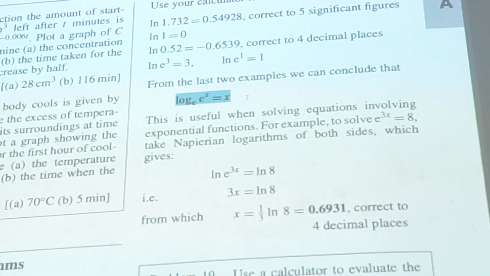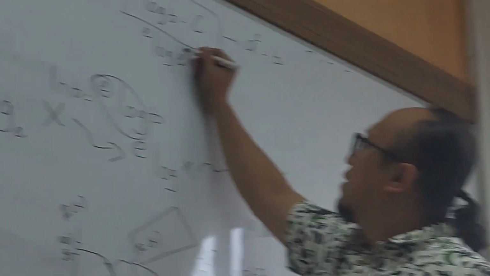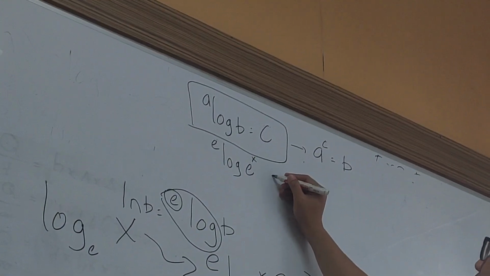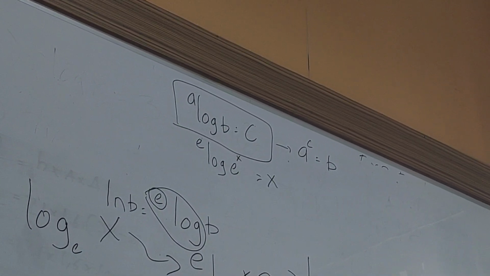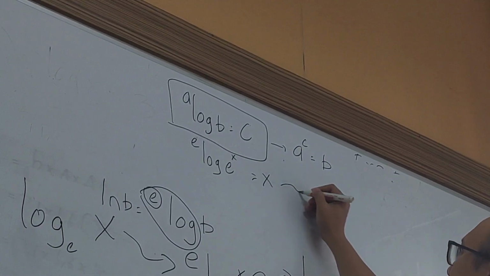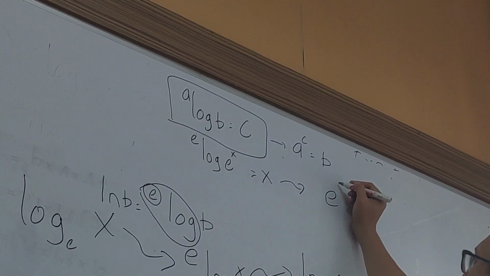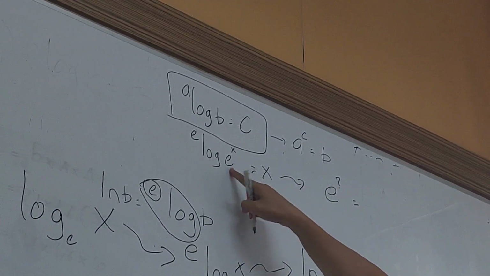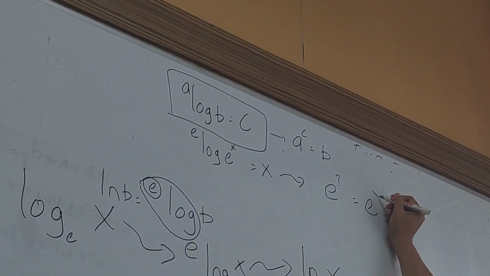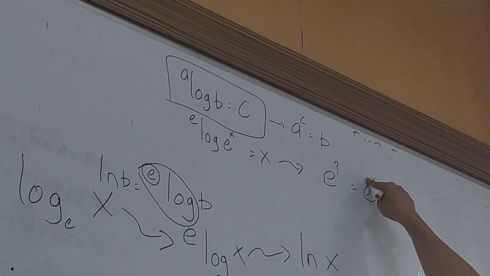So for this one, log base a of a to the power x will be equal to x, because a to the power of the question mark equals a to the power x, so the question mark will be x.